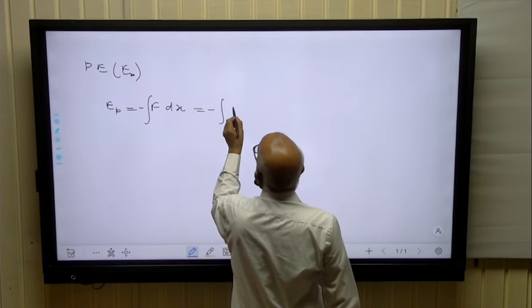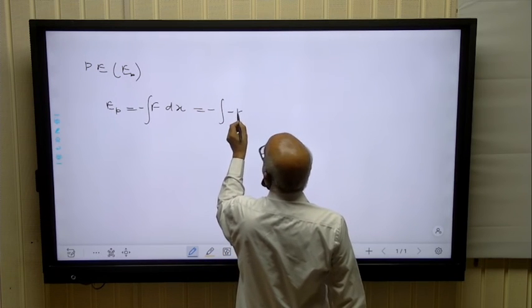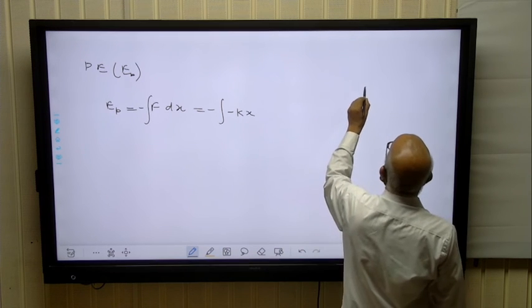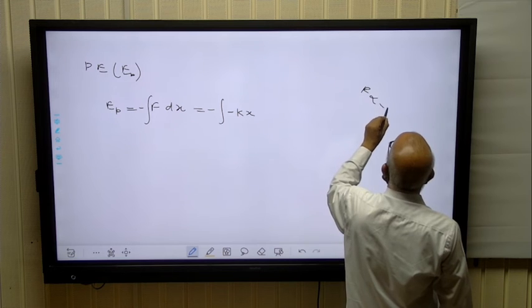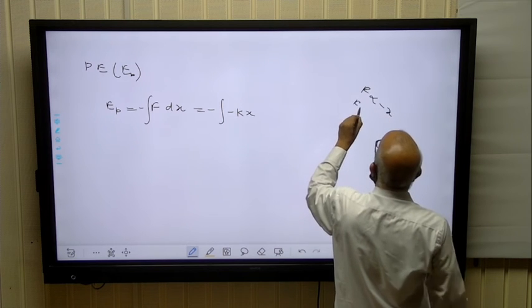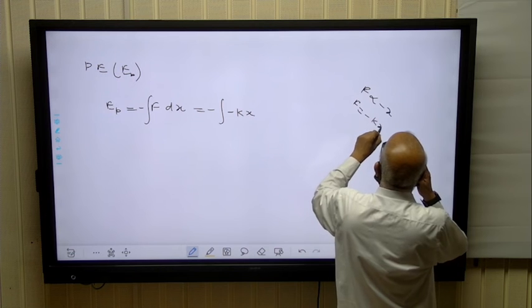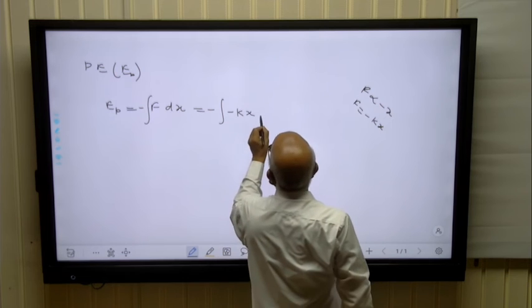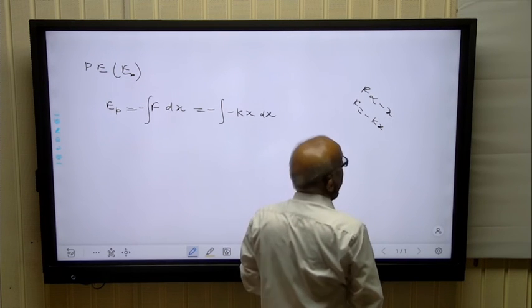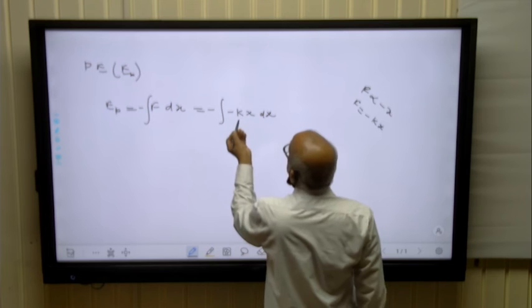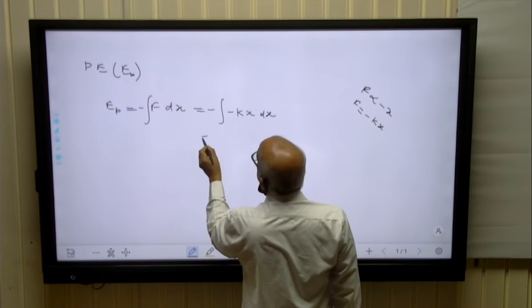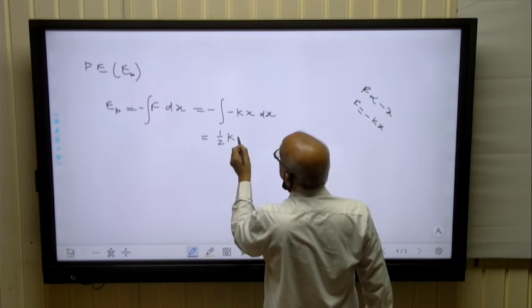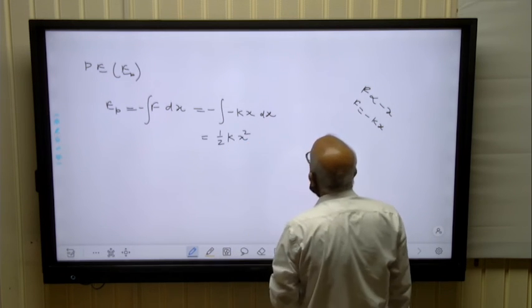minus F is minus kx, because in simple harmonic motion F is proportional to minus x, therefore F is equal to minus kx. So I have to put F here as minus kx, and this is dx. Now k is constant, minus minus plus, and this is just half kx square.